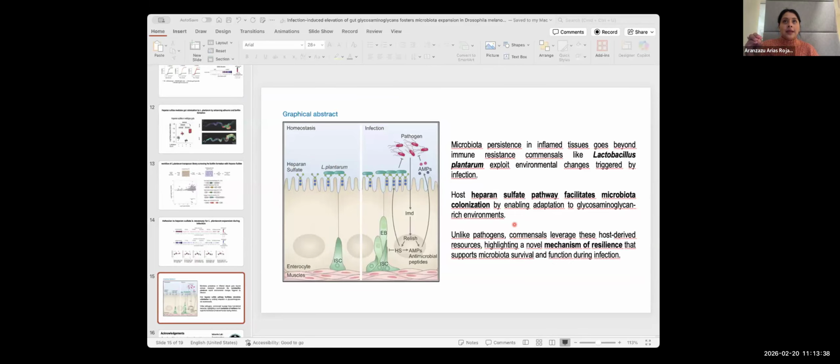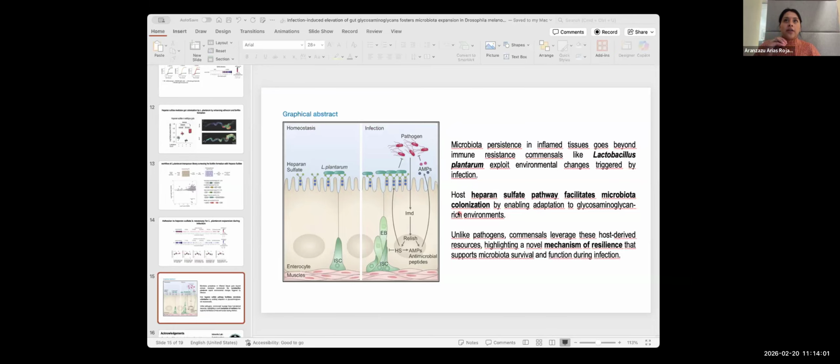I don't know if I'm answering the question. Does the unrelated pathogen alter the local immune response to permit pathology? Yeah, it's extremely tight when it comes to infection. After sensing the infection, there is more production of heparan sulfate.